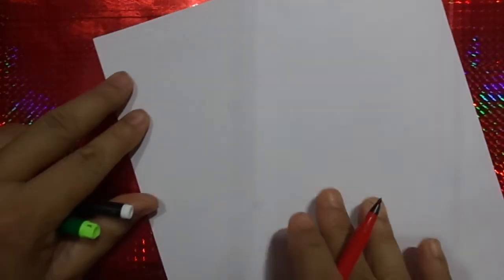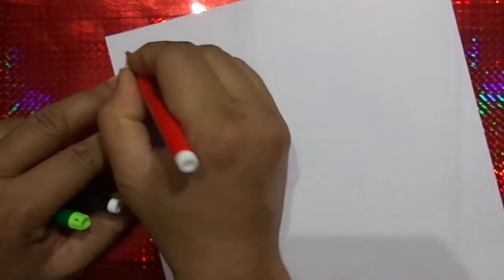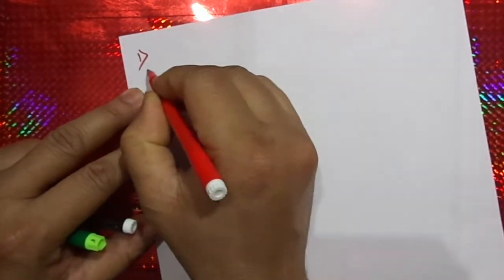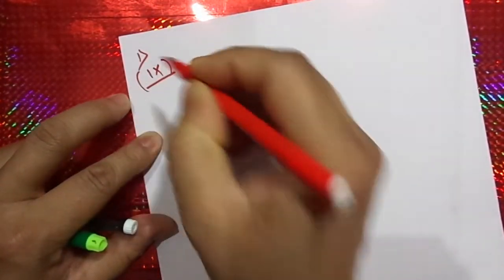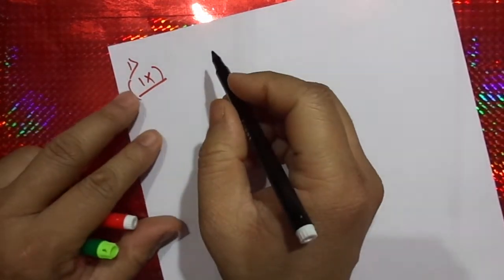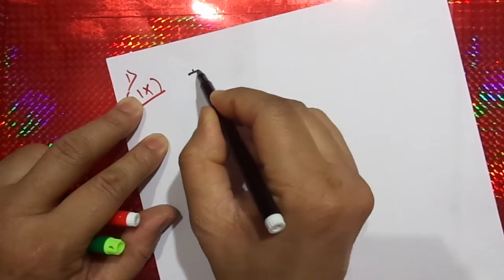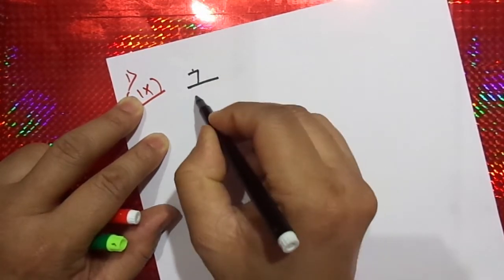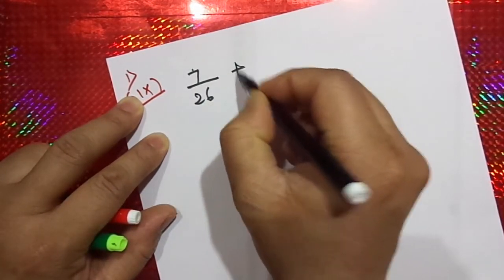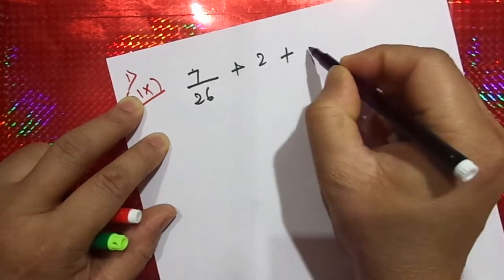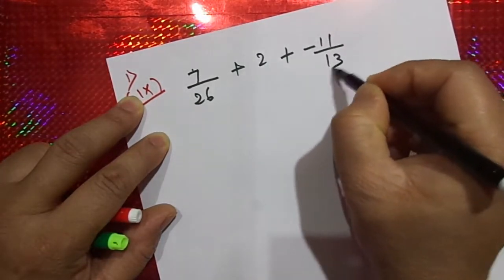Now let's keep on increasing. Number 1 9. In number 1 9, what do we have? We have the same simple addition of rational numbers, 7 by 26 plus 2 plus minus 11 by 13.